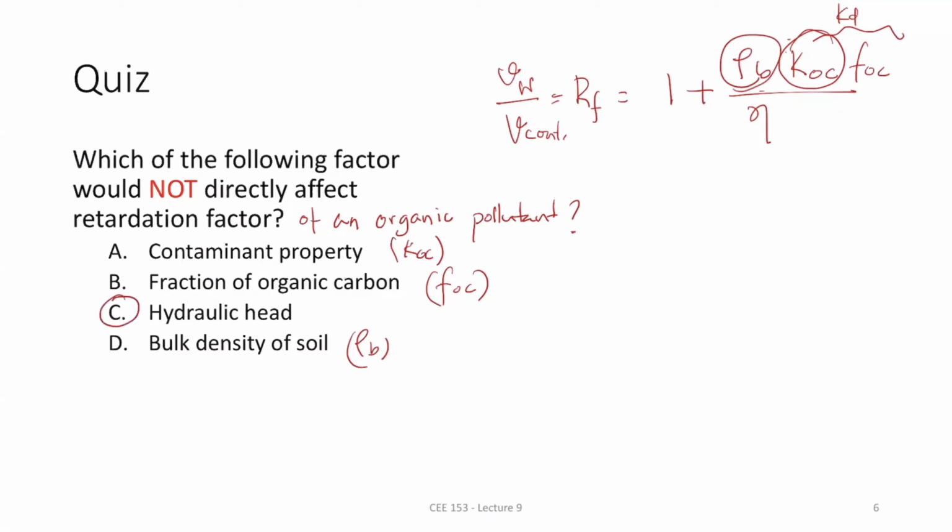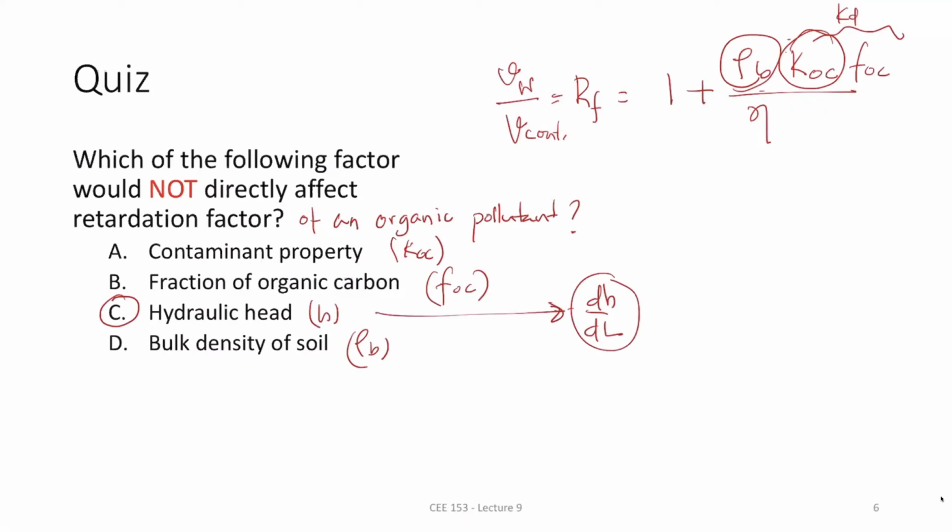So the right answer would be C. The retardation factor is independent of hydraulic head, because you see that the equation doesn't have that factor. Hydraulic head is H, that's here, dH over dL. That's the term.